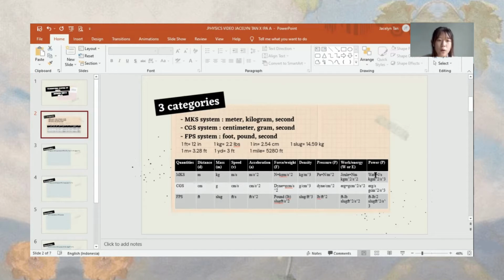Power is watt, or joule divided by second, or kilogram meter squared per second cubed.